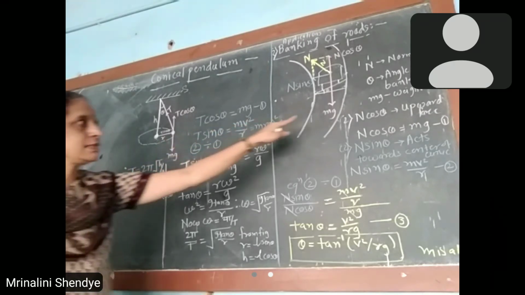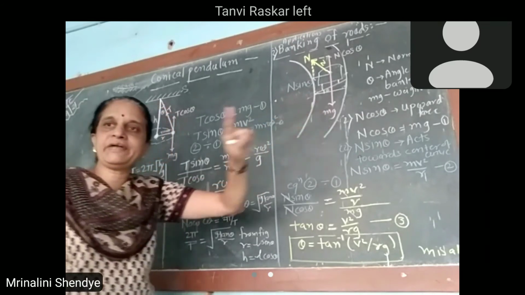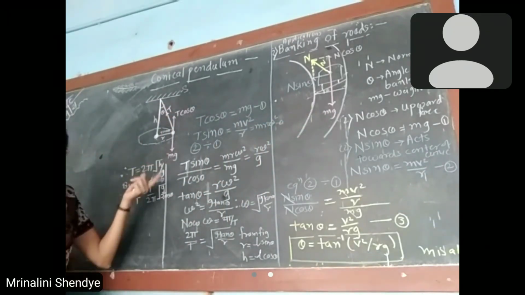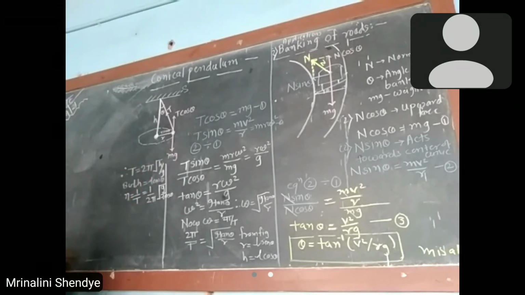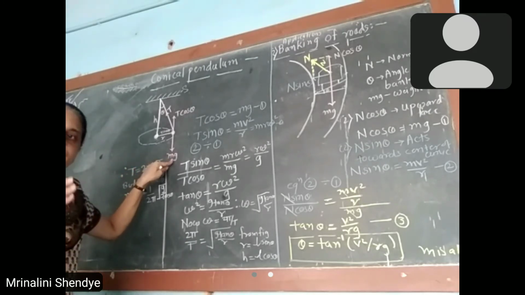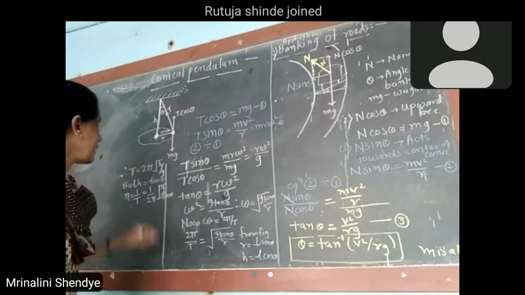In the case of a vehicle along a curved path, mg is the weight. Here also the same thing is there: mass into gravitational acceleration. It is balanced with the normal reaction N. But we are considering this in the form of two factors.